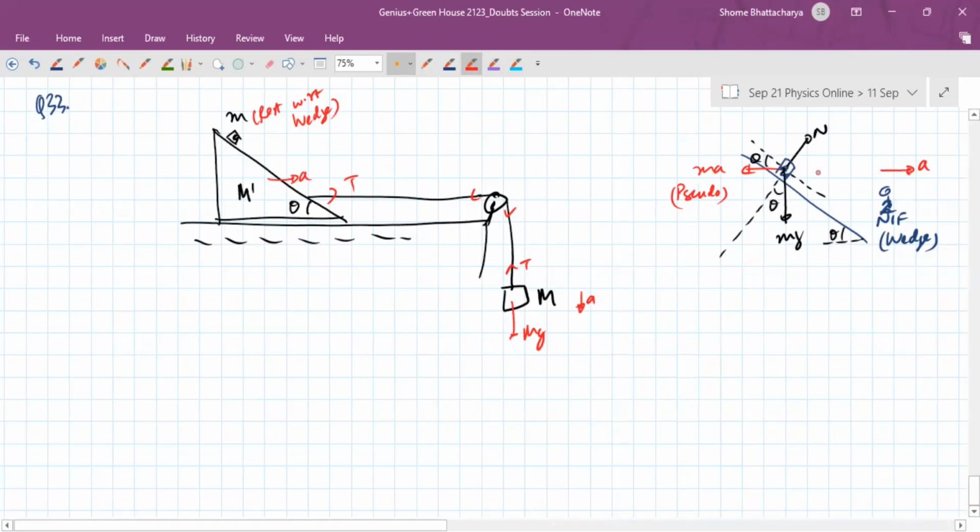Now this is at rest in this frame, in the non-inertial. So the forces which are tangential to the surface should balance. No? So mA cos theta should balance mg sin theta. So the acceleration that the wedge should have should be g sin theta. So that's the first thing. Sorry, g tan theta.